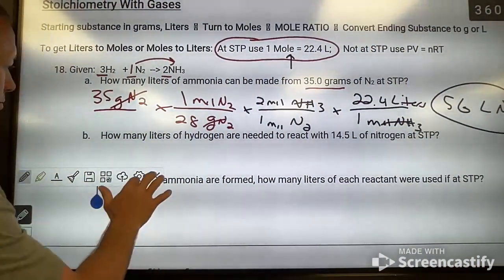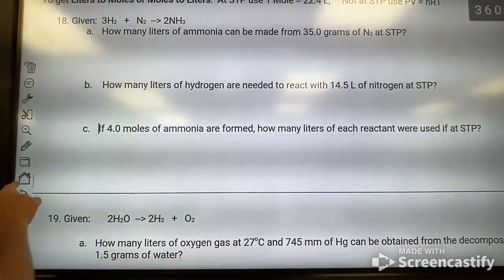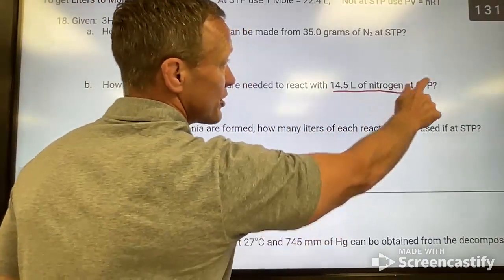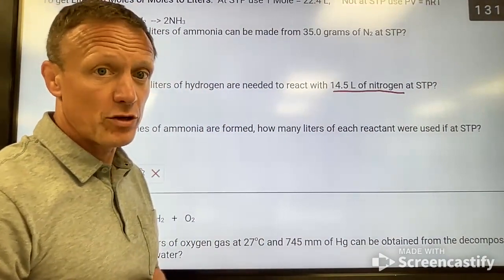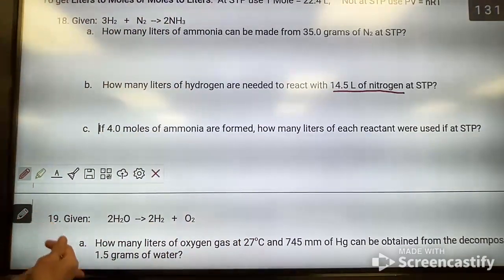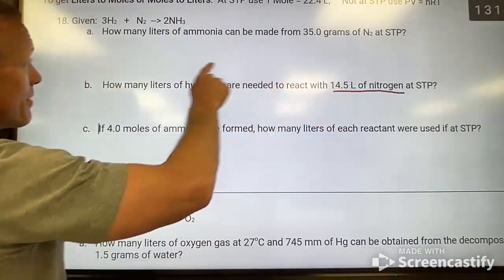Second problem here. This one is saying you have 14.5 liters of nitrogen, again at STP, standard temperature and pressure. If we're not, we're going to have to use a different thing, PV=nRT, the ideal gas law, to get things. So you have 14.5 liters of nitrogen, and we're trying to get to how many liters of hydrogen.